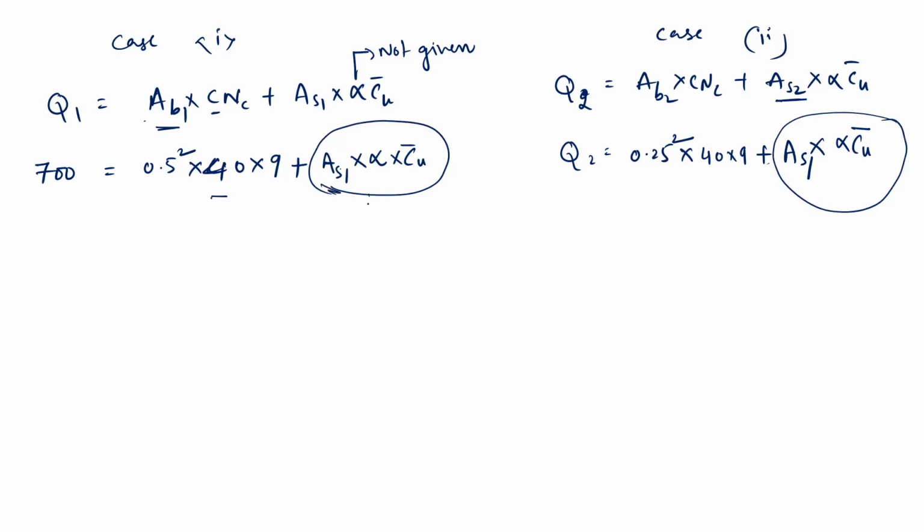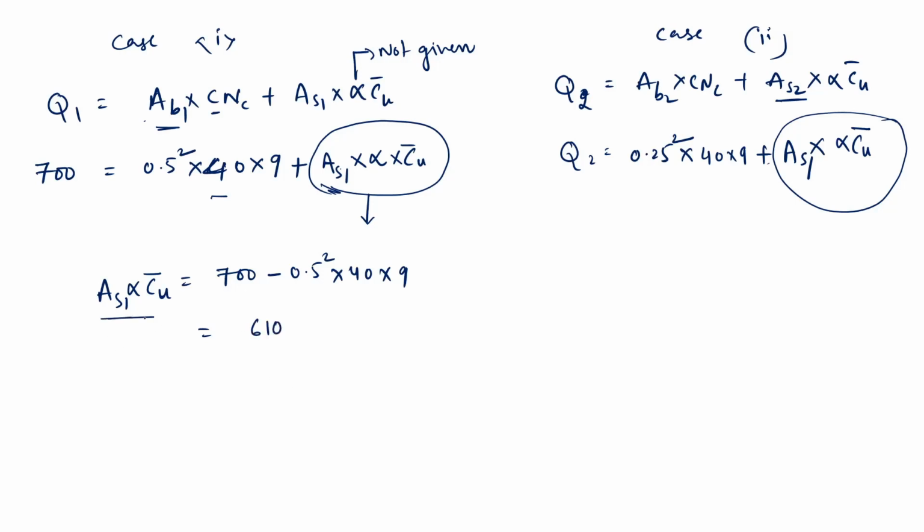Now, if you want to find this term, you can directly put AS1 alpha Cu bar equal to 700 minus 0.5 square into 40 into 9. This is 610.